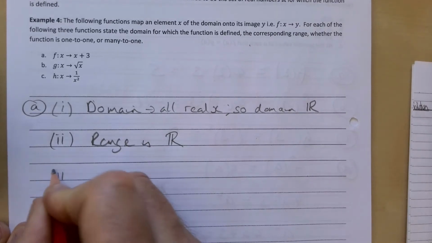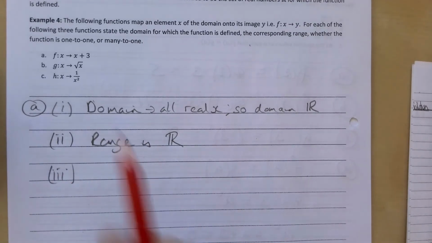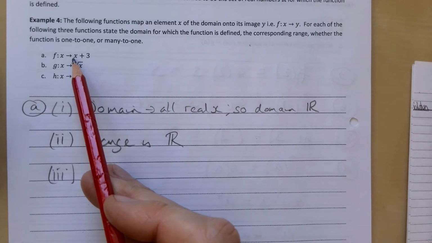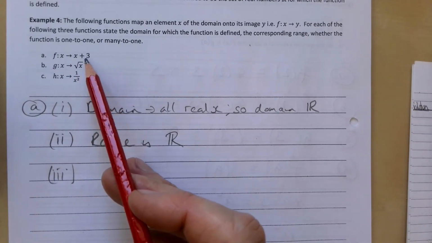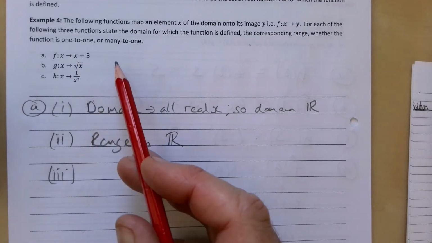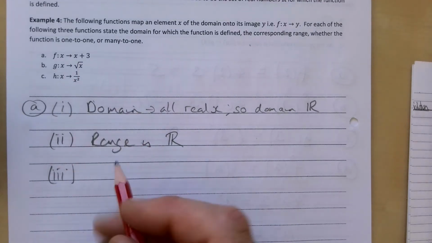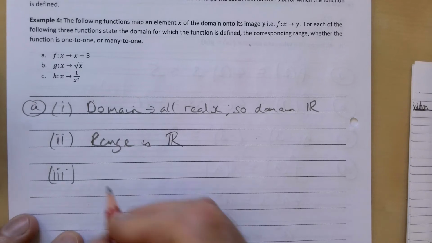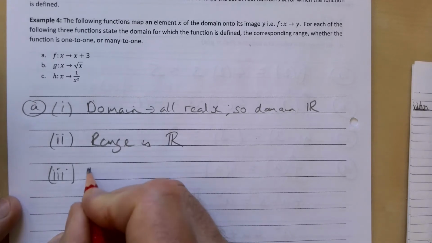And then part 3: any time you put a number in, you get another number out that's 3 bigger. So it doesn't make any difference. There's no way you can get the same number out by putting in a different number here. So it's all just going to be 1-to-1. We'll write that as a wee sentence.